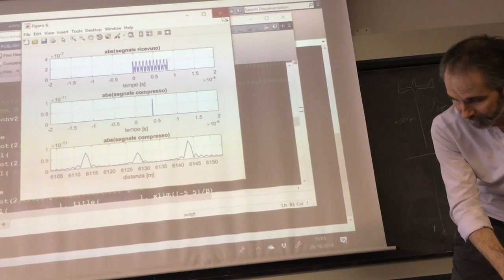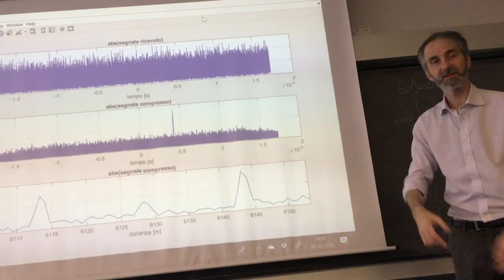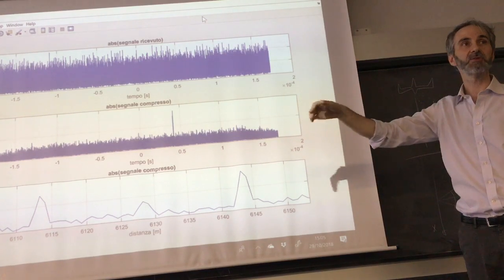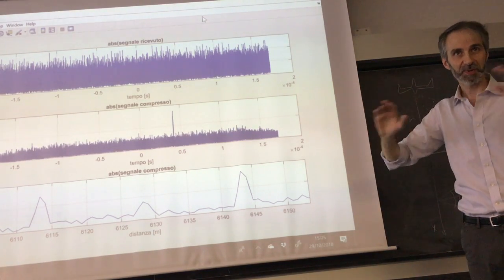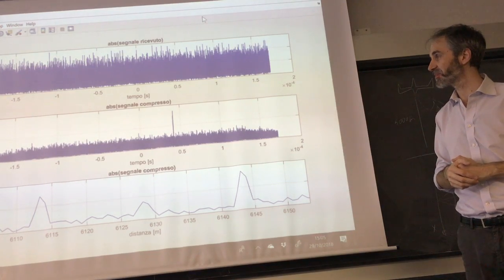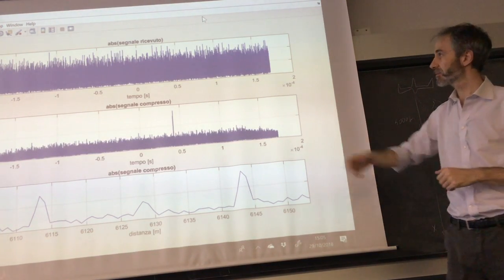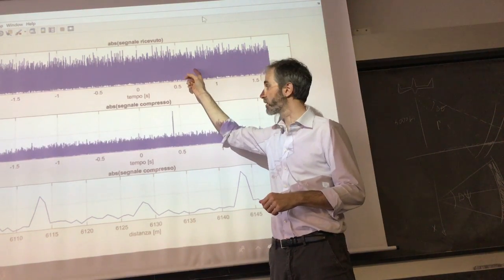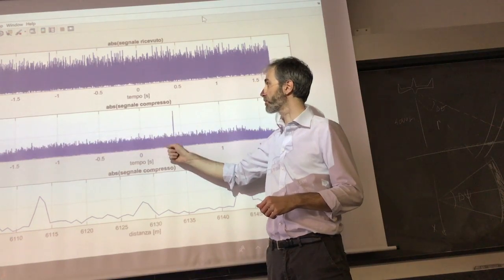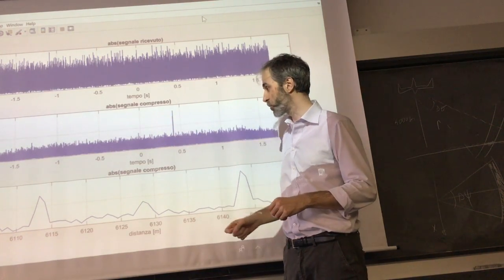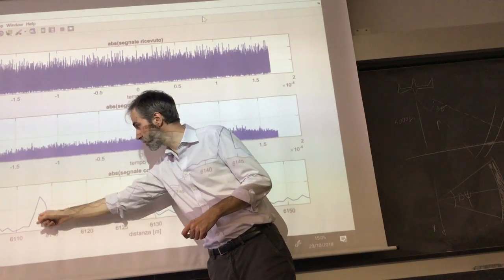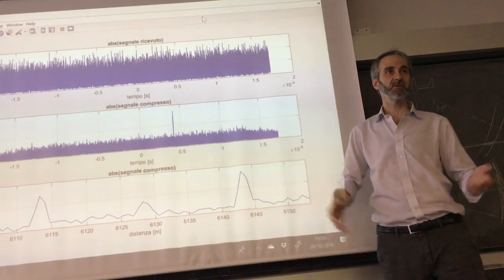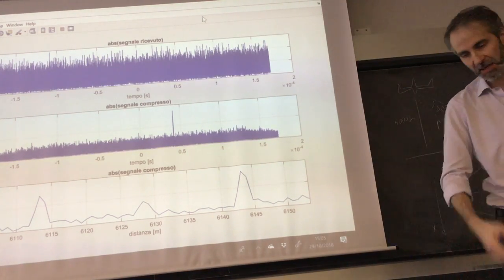And this is finally the same experiment plus noise. Your received signal is completely covered by noise. You wouldn't say there is a useful signal here. When you do range compression, pop, it just pops up, and here again your 1, 2, 3 targets with some noise, of course. So it is not as clean as in the first experiment.